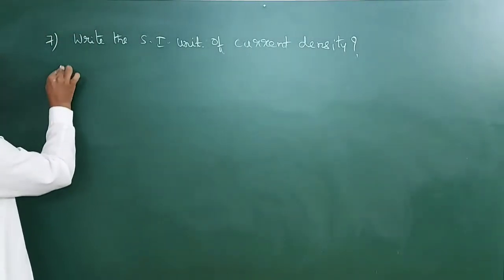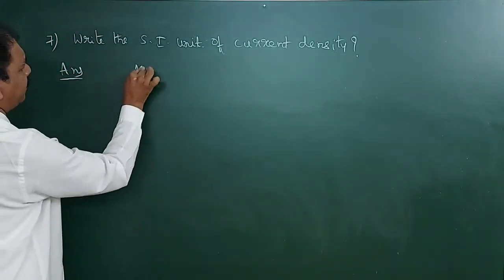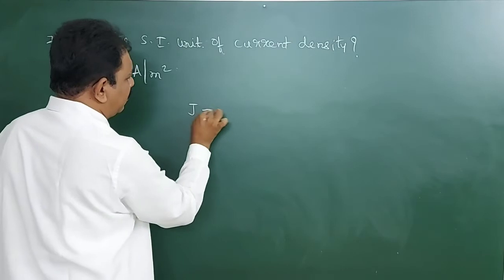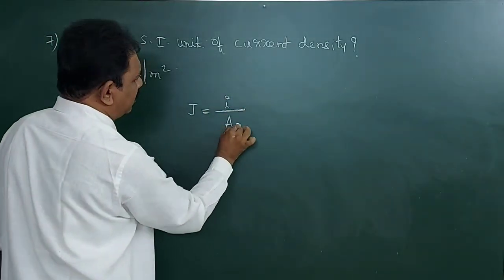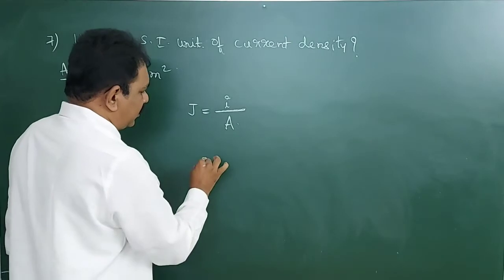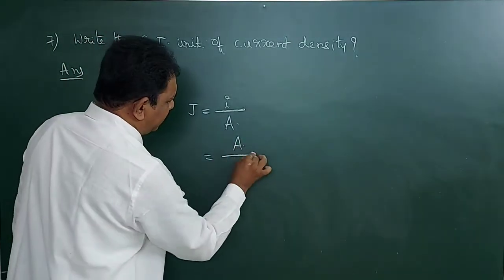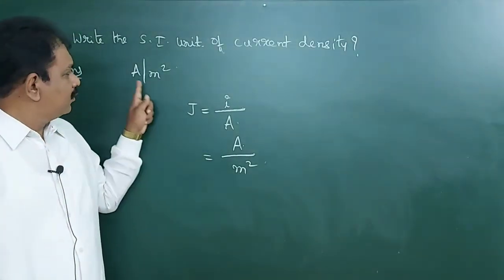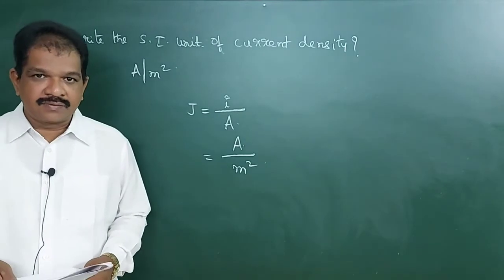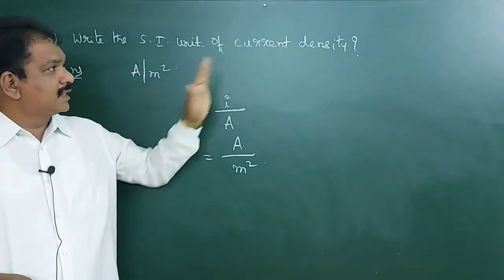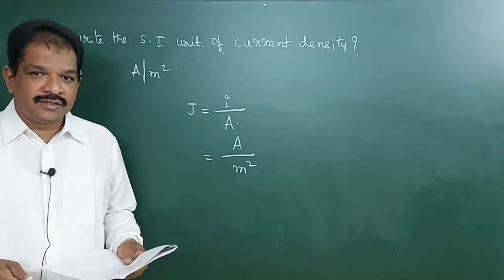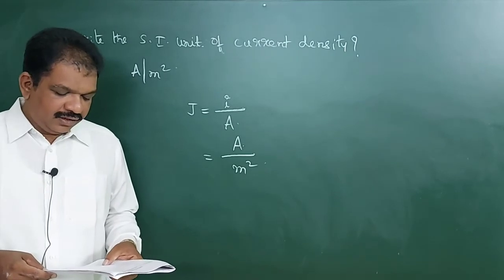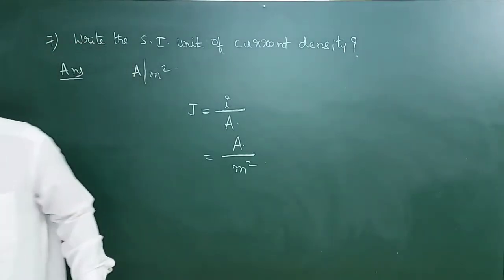The SI unit answer for this will be ampere per meter square. Current density formula J is equal to I by A. For current the unit is ampere. For area the unit is meter square. So ampere per meter square will be the SI unit of current density. Okay. Next. Define internal resistance of a cell.